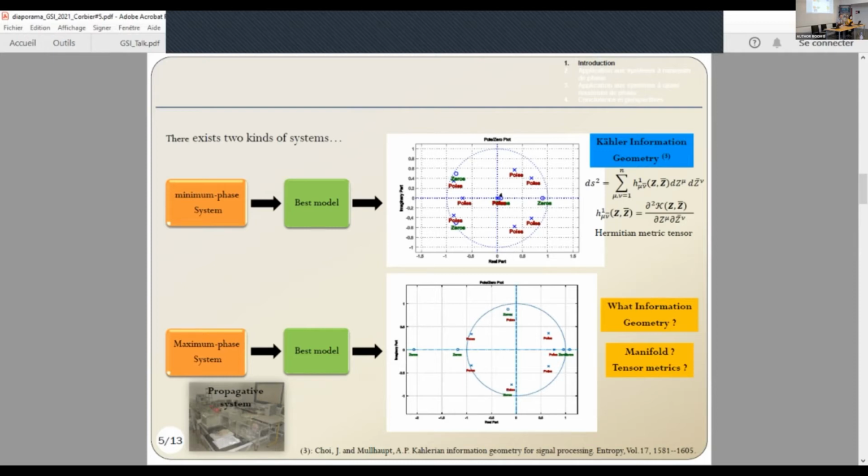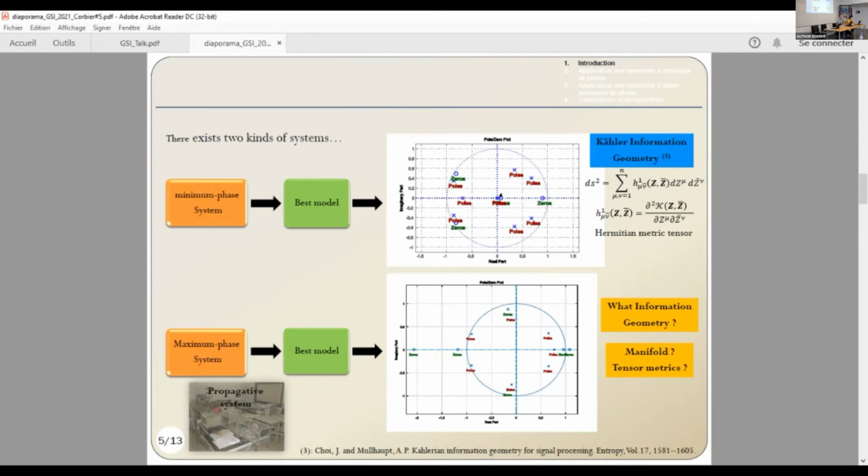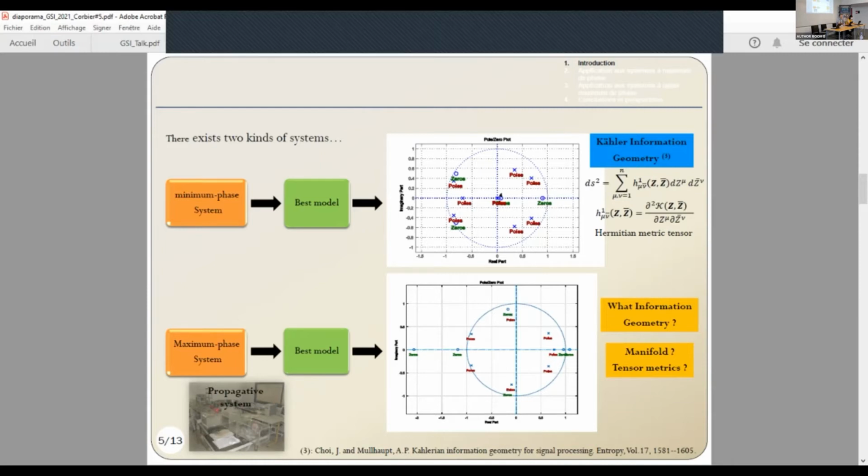In 2015, Choi and Mullhaupt developed the specific Kählerian information geometry only related to minimum phase systems, and they concluded that the information geometry was Kählerian, a metric composed of only one metric tensor, as the second derivative of the Kähler potential.